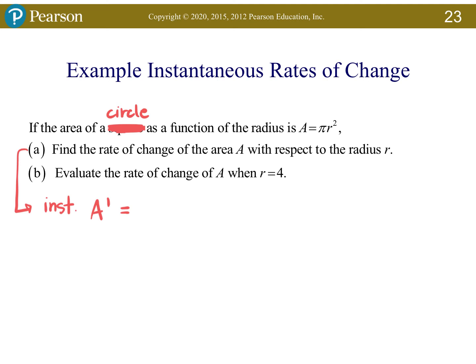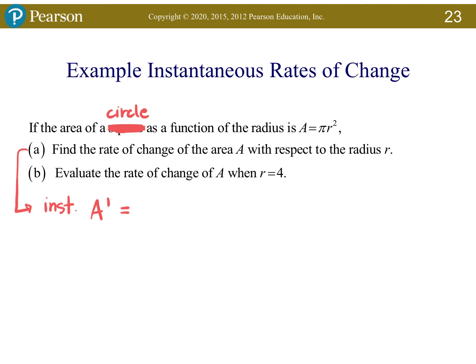The power rule will also work, and it's going to be easier because pi is a constant and we can always take a constant out in front of whatever derivative we want. We did that before: with 3g, we didn't need the product rule. We could say the derivative was 3 times g prime. You only need the product rule if both parts are variables. It's not wrong to do the product rule, it would still work, but you don't need to.